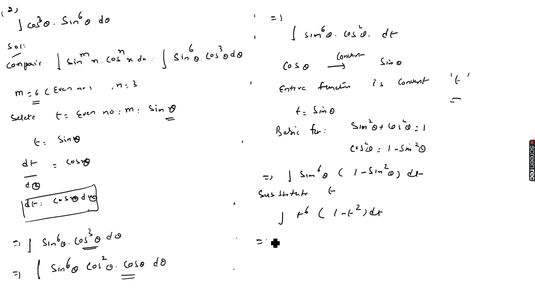Finally we get the integration of t power 6 minus t power 8 into dt. The integration of t power 6 is t power 7 by 7, minus t power 9 by 9, plus c.